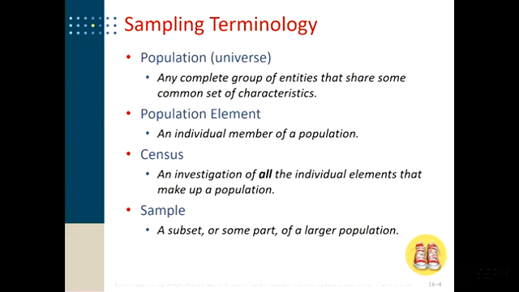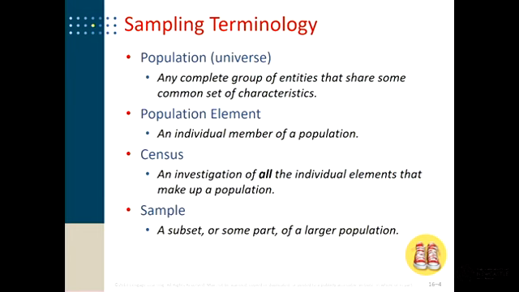For example, if we say managers, students, customers, or doctors, then when we say population, we actually refer to all managers, all students, all doctors. So that's a population, the complete set of potential respondents. But when we say sample, we actually refer to a subset of that population.